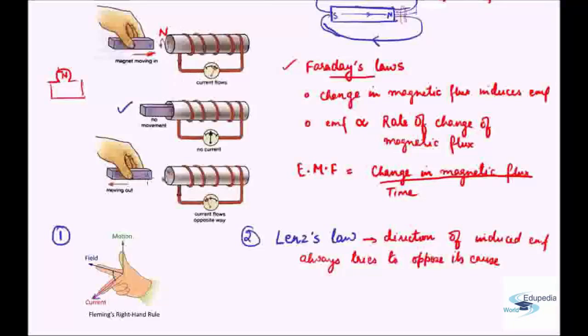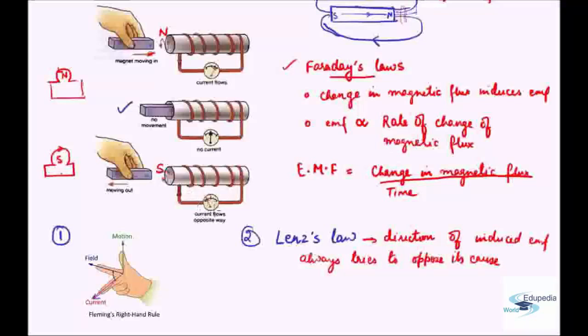Similarly, here the north pole is taken away, so this will become my south pole. South pole means, let me draw it again, the loop should have current flowing in clockwise direction, which means if we see from here, the current should flow from this direction to like this, that is the clockwise direction. Okay, so basically Lenz's law helps you determine the direction of current indirectly.